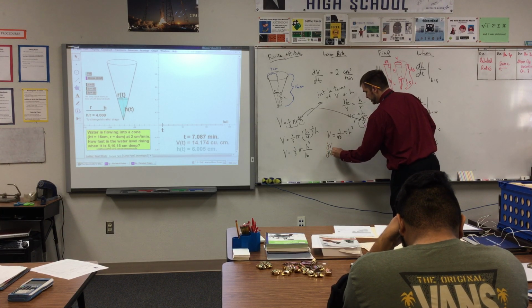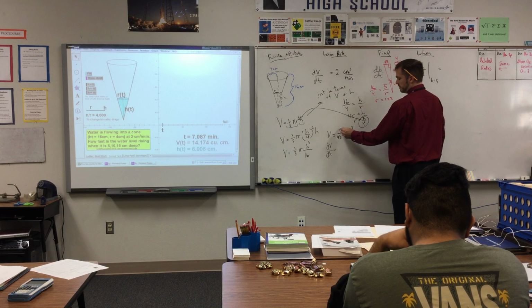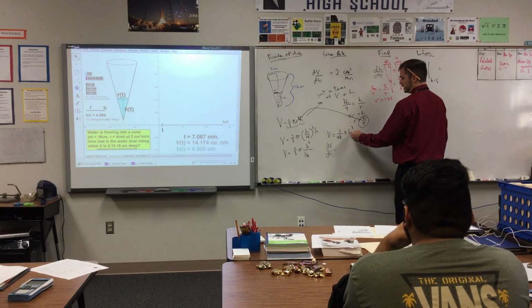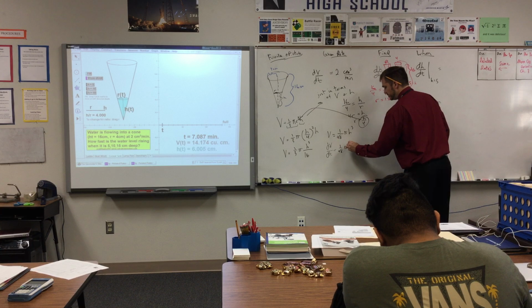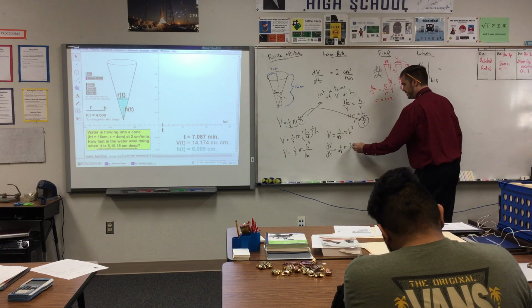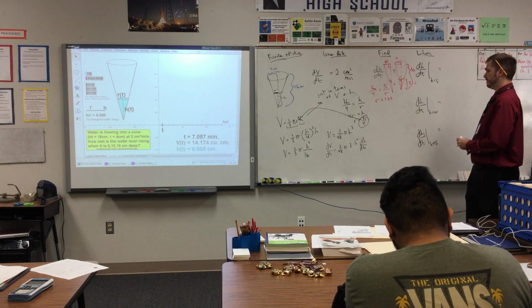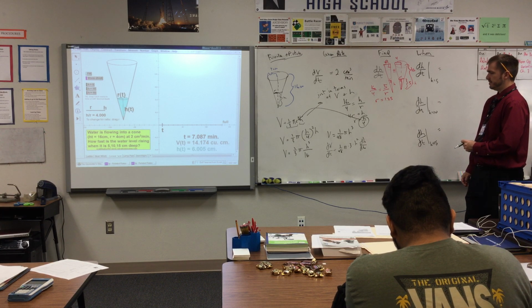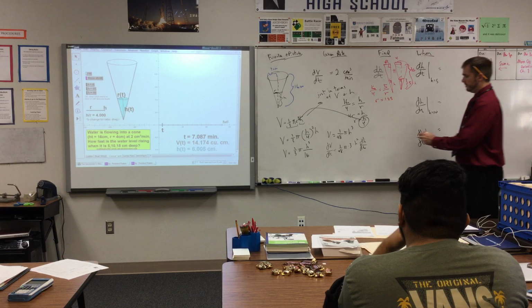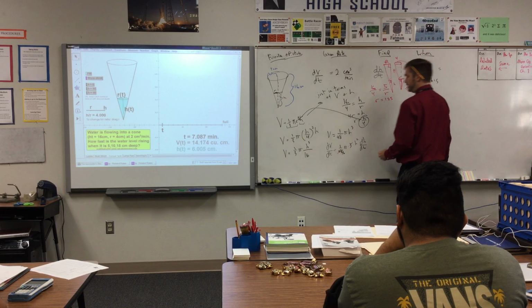Now let's take the derivative. So dv over dt equals, we'll pop down this 3 at the same time. I'm going to write 1 over 48 times pi times 3 times h squared times the derivative of the inside, so dh over dt. That 3 is going to cancel out with that 48 and leave a 16 right there.